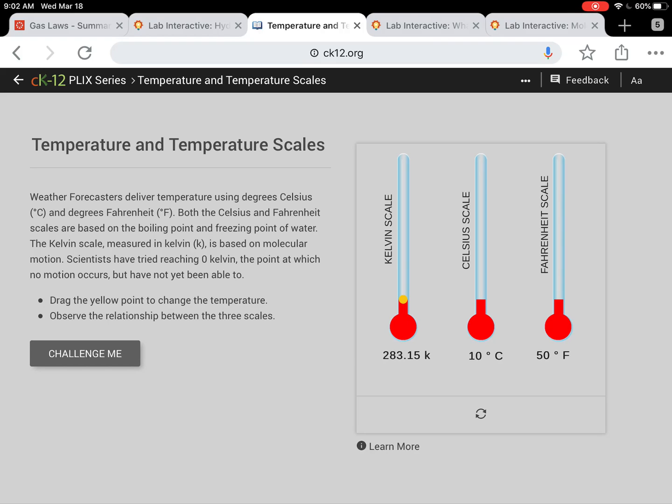However, we don't use Fahrenheit at all in this course because of the fact that it's not a 1-to-1 ratio. For example, let's go all the way back down. 273 Kelvin is 32 degrees Fahrenheit. So let's see if we go up 10 on Kelvin. We increase by 10 for Celsius, but look what happens for Fahrenheit.